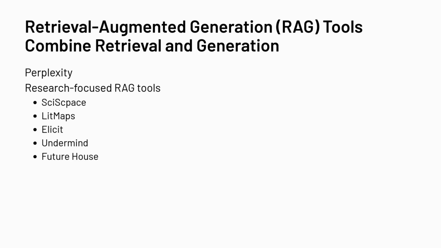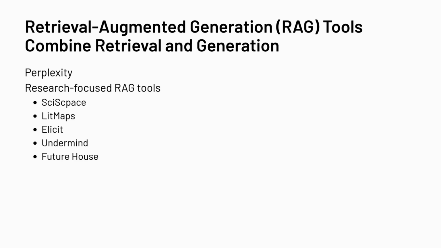Retrieval augmented generation, or RAG tools, combine both approaches. They retrieve information from specific sources and then use generative AI to summarize, explain, or synthesize what was found. Perplexity is a general purpose RAG tool. It's designed to retrieve information from the web and show you where claims are coming from while still offering a conversational interface.